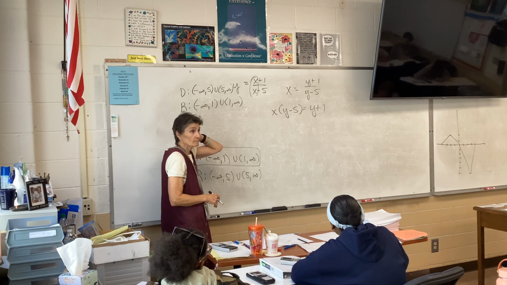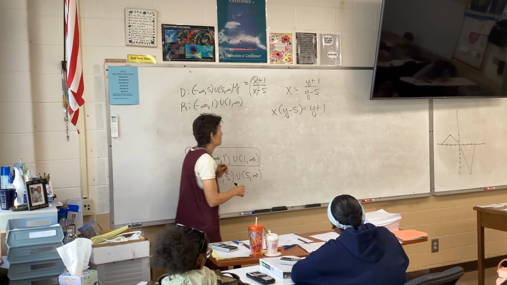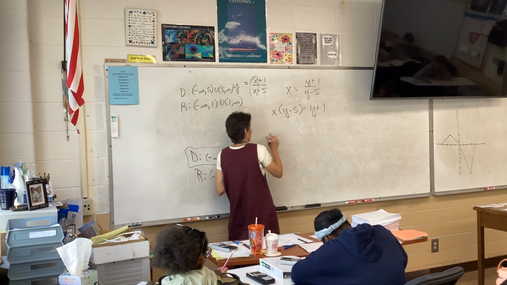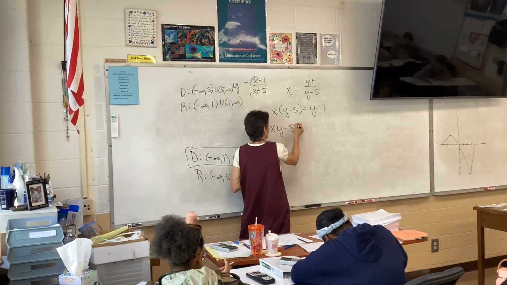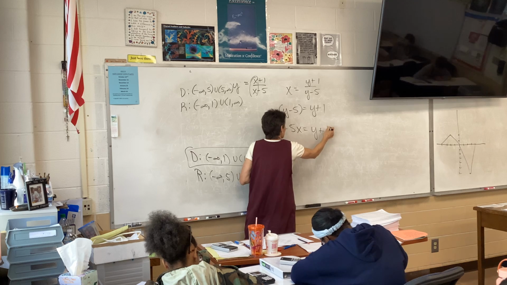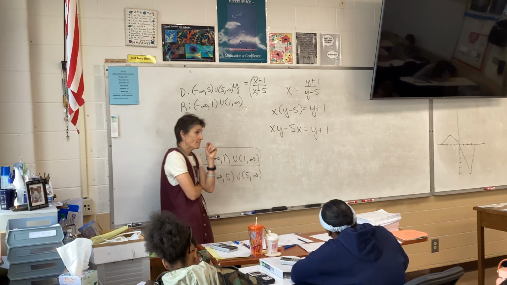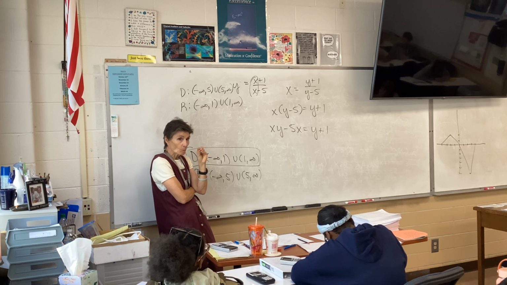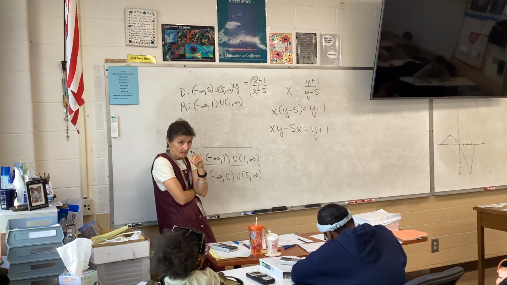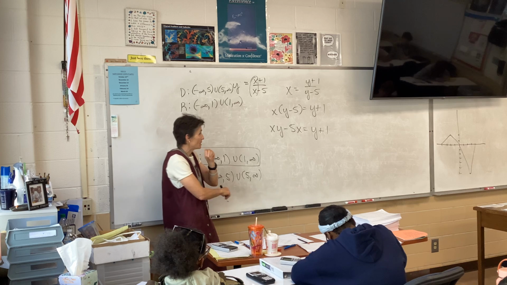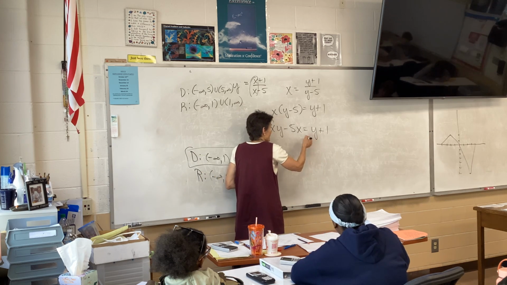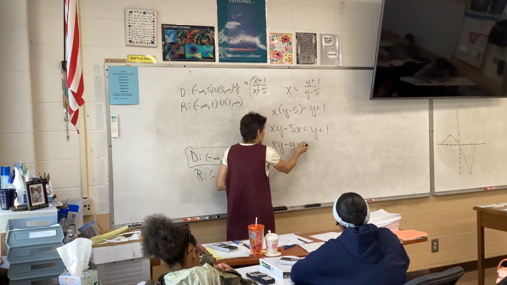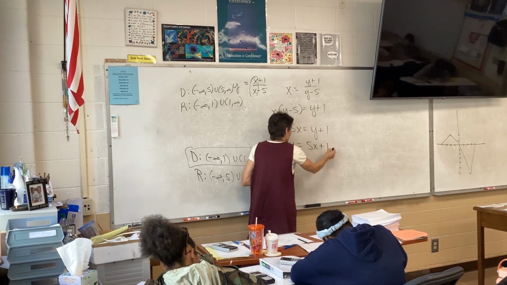Now what? Distribute. Actually, no, I'm not gonna subtract 1, I'm gonna distribute. If I have to get y by itself, then I need to have the y's on the same side so I can factor them out. So now I'm going to switch these two, move this y over to here, and move the 5x over to here.